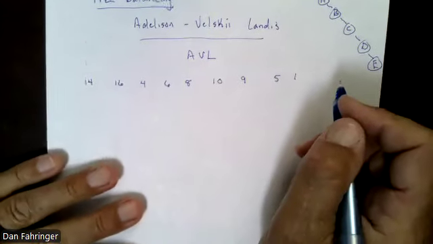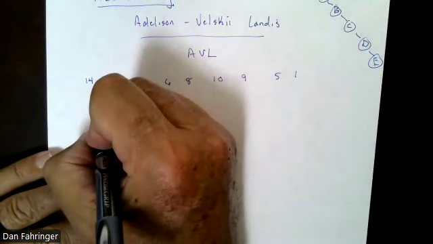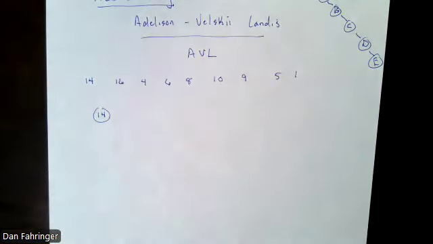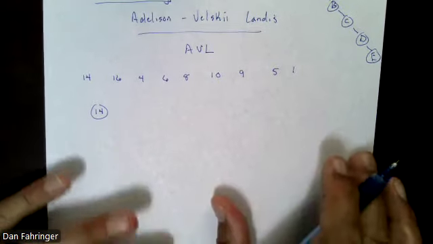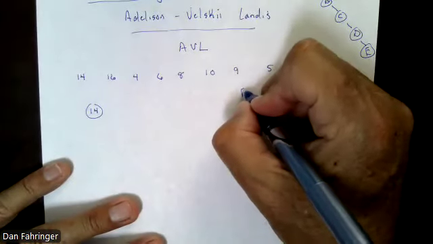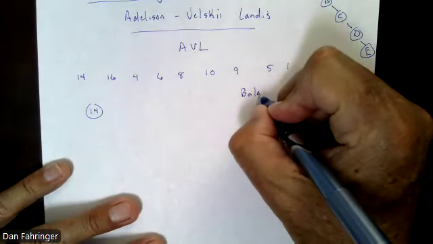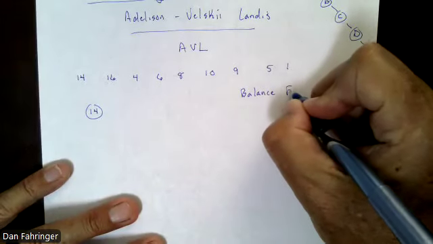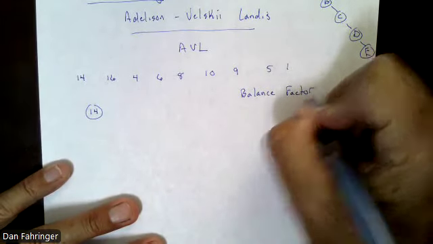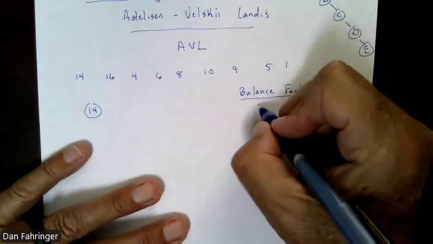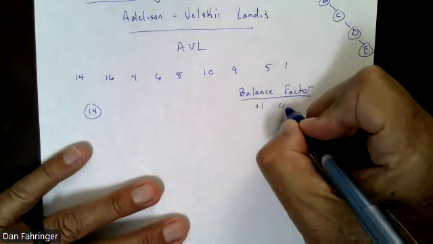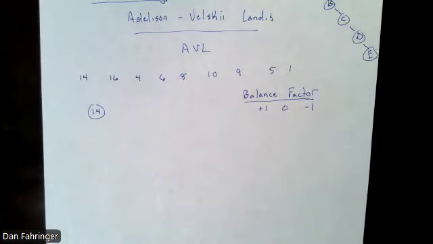First number I put on my tree is 14. Now, each one of these is going to have something called a balance factor. Note to self, a balance factor. As we're doing this, think about how you would code it. Balance factor, we want to have a 1, a 0, or a -1.